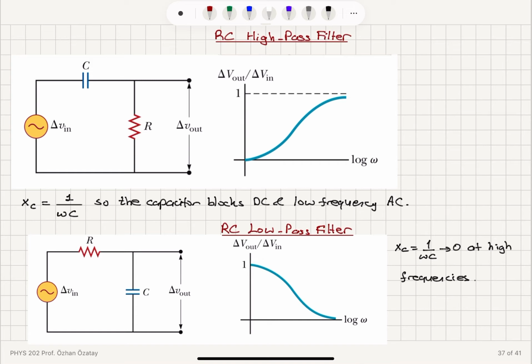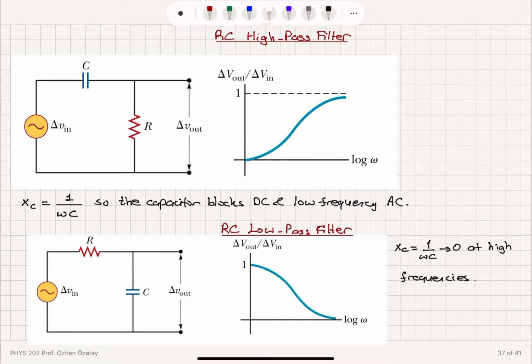And you can see that in an RC high-pass filter, because of the capacitive reactance of the capacitor, 1 over omega c, giving us a very high resistance at low frequencies, DC, and a very low resistance at high frequencies, or AC, we have a transfer characteristic as delta V out is equal to delta V in at very high frequencies.